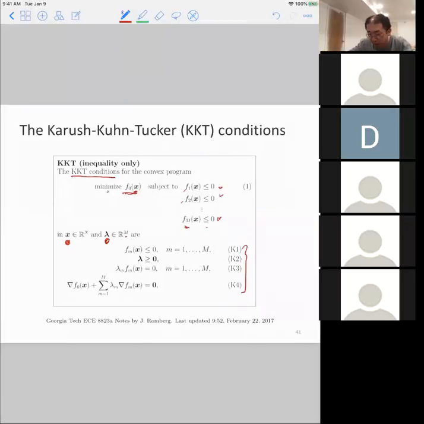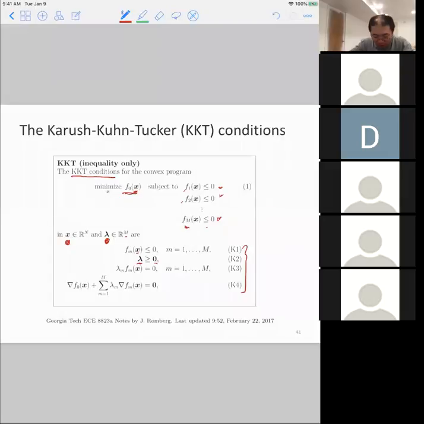The first set of conditions is that x satisfies all the constraints, namely, this particular x satisfies all these big M inequalities. This is reasonable, right? Secondly, the multipliers lambda are non-negative, meaning that every element of lambda is non-negative.